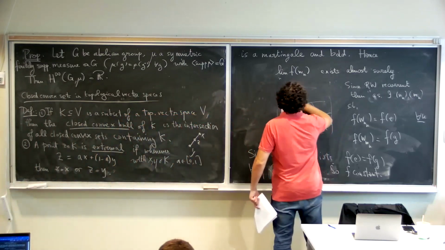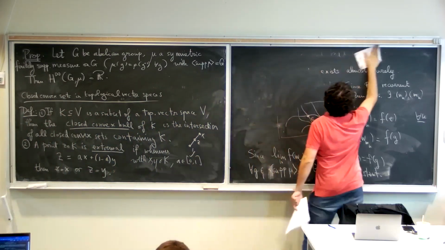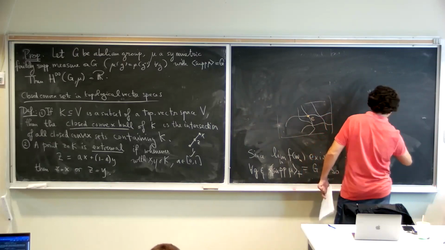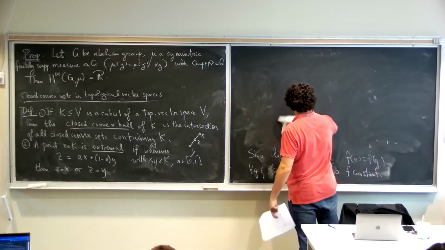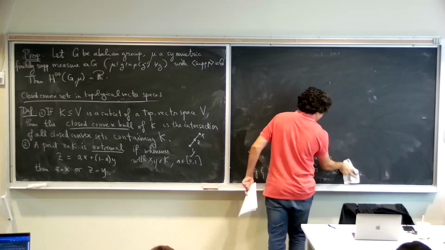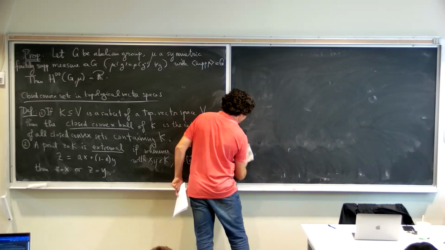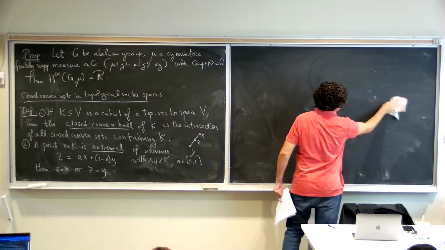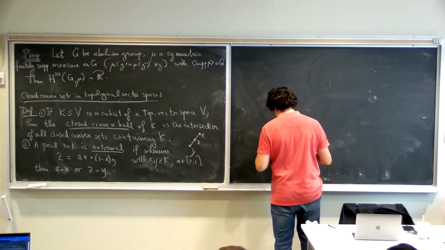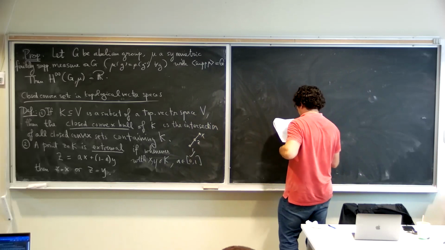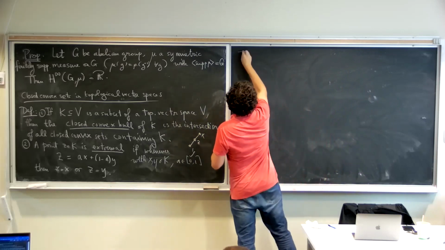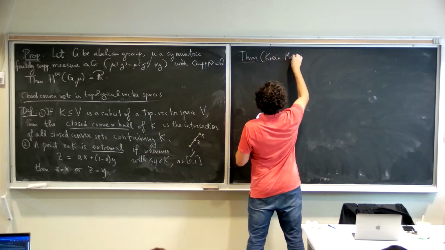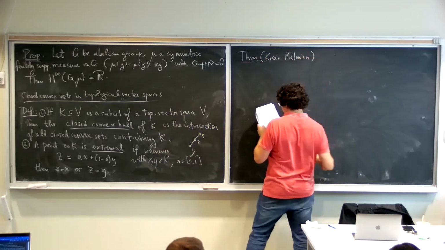And now we have a famous functional analysis theorem that talks about extremal points in a closed convex set in a topological vector space. So what is the theorem? The famous theorem is the Krein-Milman theorem.